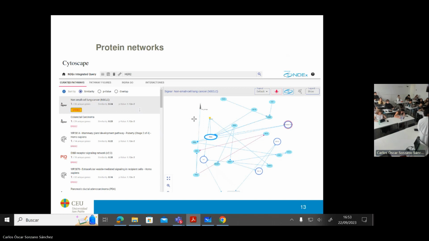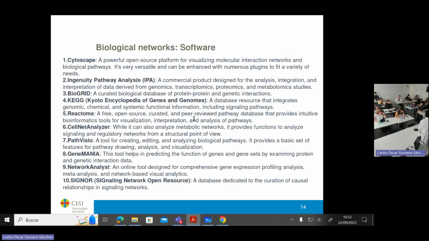And Cytoscape is another database also for this kind of information. It presents the information differently, and the information content is also different. Here, what I'm adding is a few software tools that manage this kind of information.